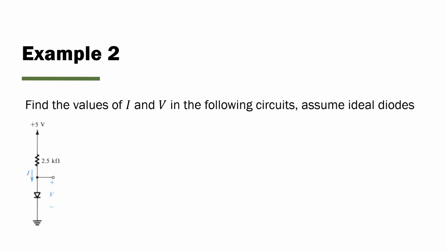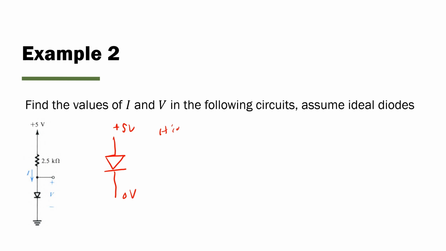Example 2. Find the values of current and voltage in the following circuit. And we're going to assume an ideal diode. So I always start out by drawing the diode. And we want to observe the voltage at the anode and the voltage at the cathode. So for the anode, we're observing positive 5 volts, and for the cathode, we are observing a ground voltage of 0 volts.